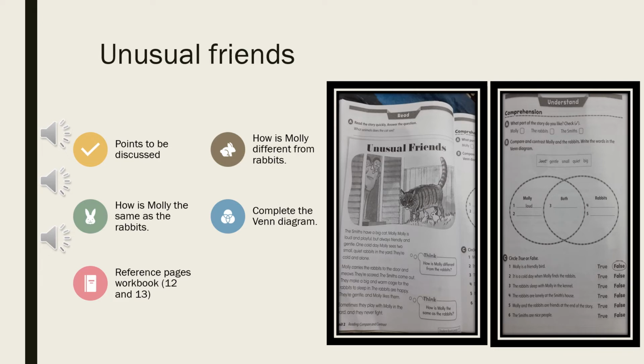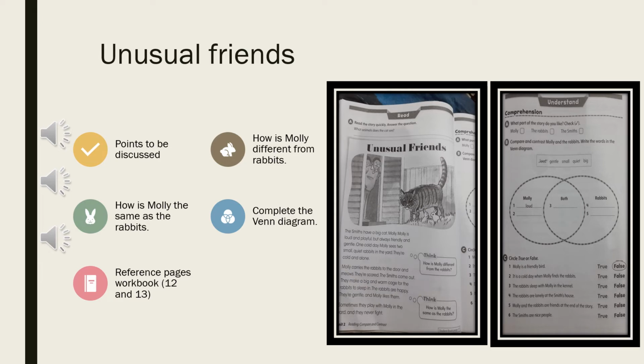Okay, students, let's talk about the story now. So the story is very simple. The Smiths have a big cat and its name is Molly. Molly is very loud and playful and friendly and gentle too. So one cold day she sees quiet rabbits in the yard, and they are cold and alone.